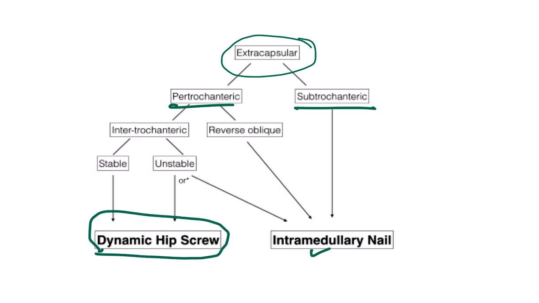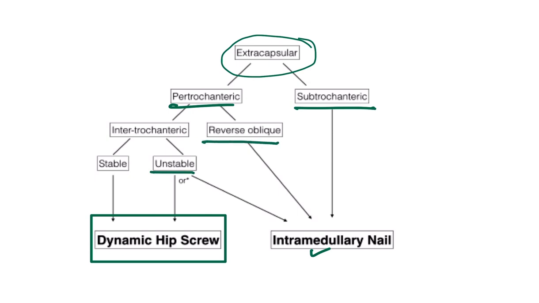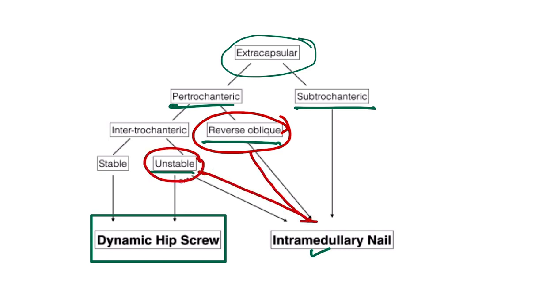Most of the time we will think of the dynamic hip screw, but in case of an unstable fracture and reverse oblique fracture, these two conditions, intramedullary nail, and in the rest of the conditions, the dynamic hip screw.